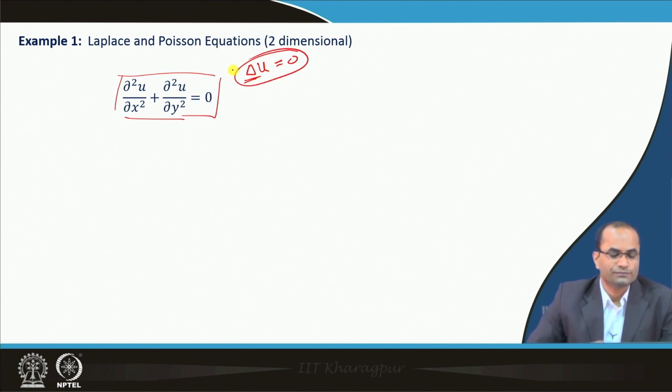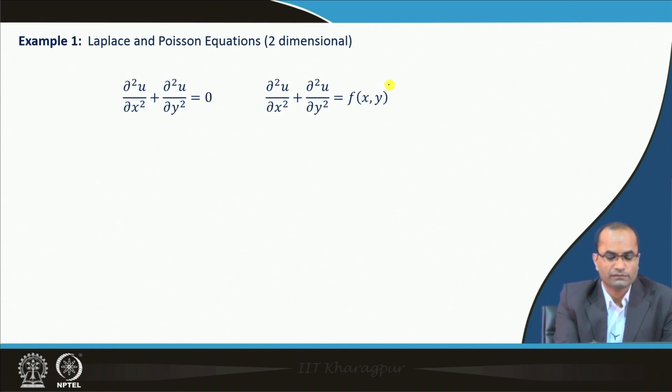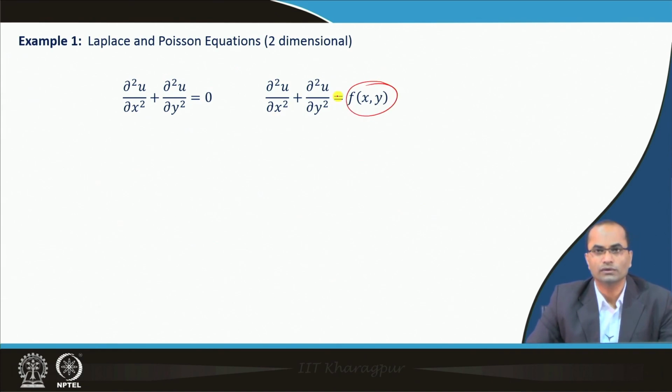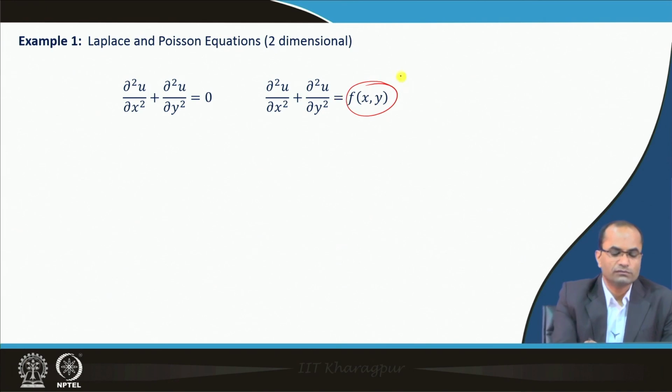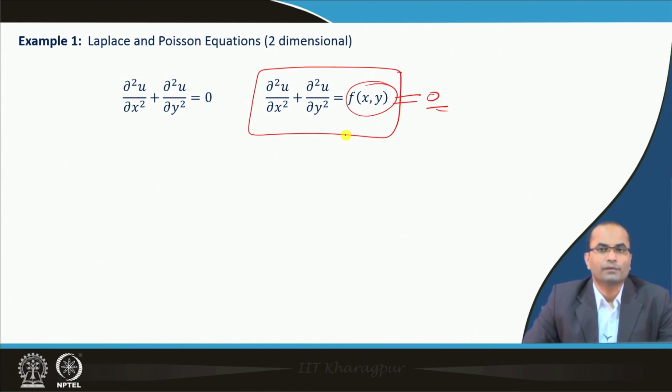So, this is the so called Laplace equation, and a slight variant of this equation, when the right hand side is not 0 but some function of x and y, is called the Poisson equation.